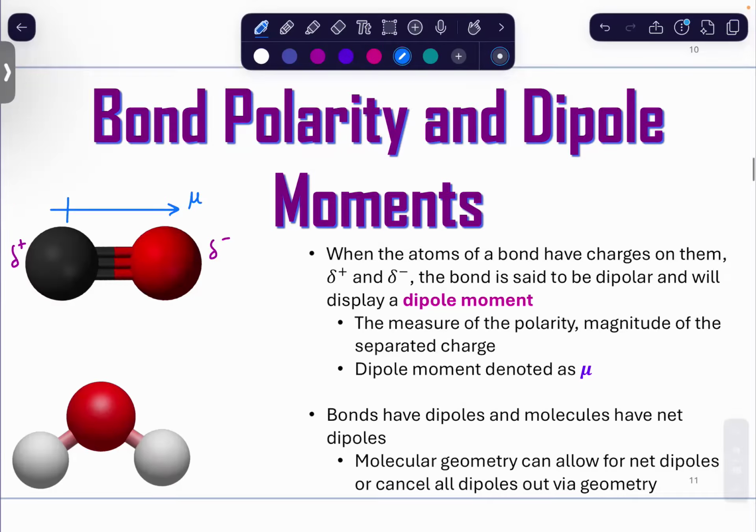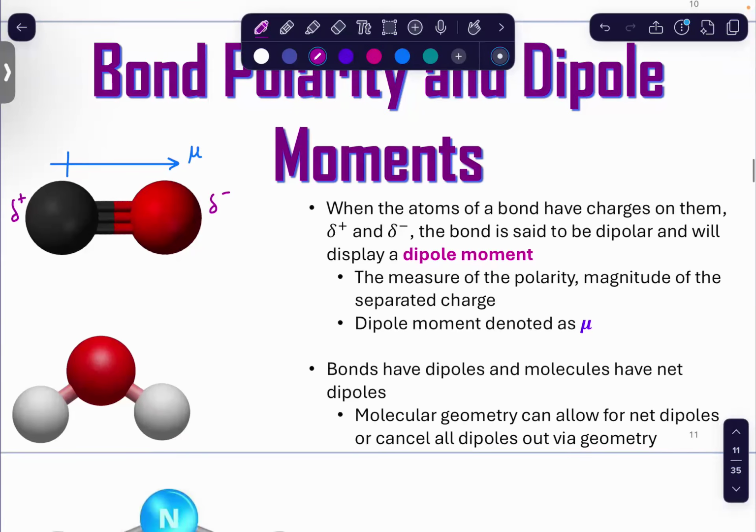Versus, let's look at water, where again, positive regions down here at hydrogen, 2 delta negative up at the oxygen.